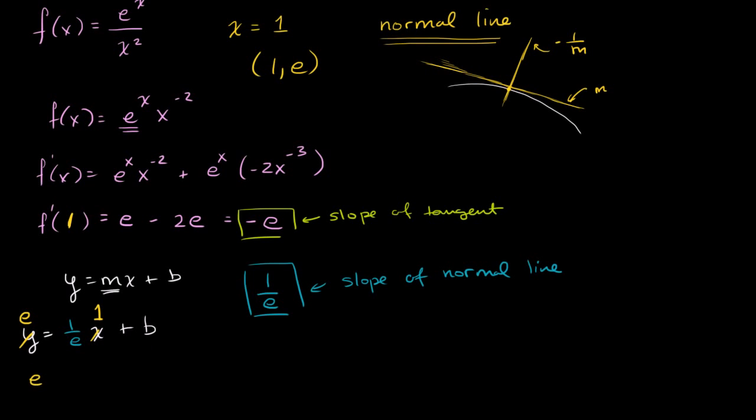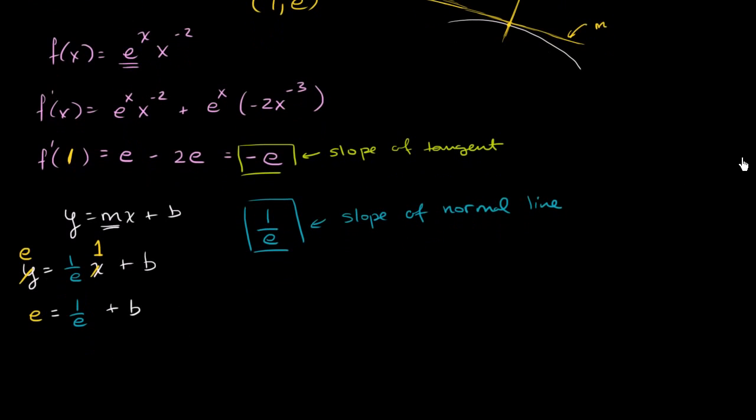So we get e is equal to 1 over e plus b, or we could just subtract 1 over e from both sides, and we would get b is equal to e minus 1 over e. e minus 1 over e. And we can obviously write this as e squared minus 1 over e if we want to write it like that.